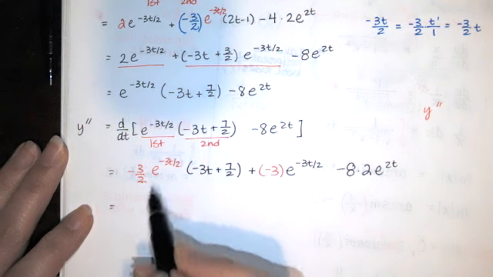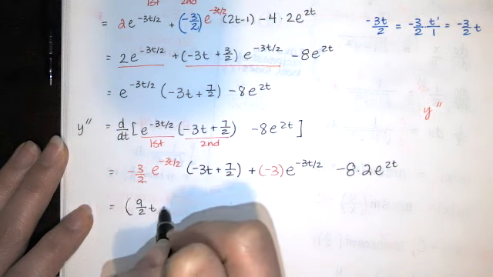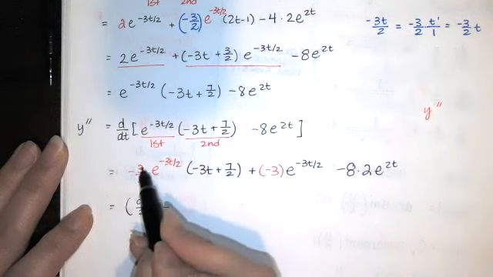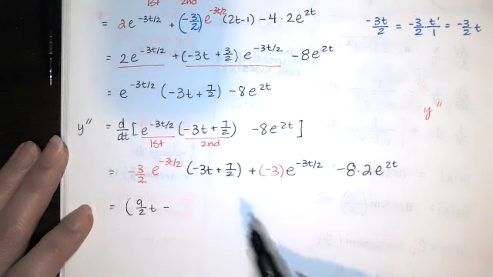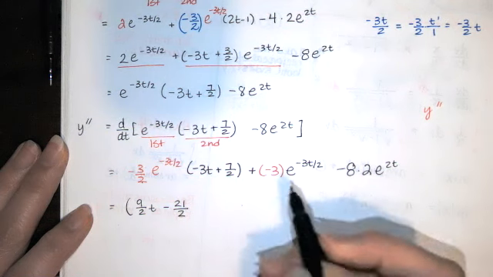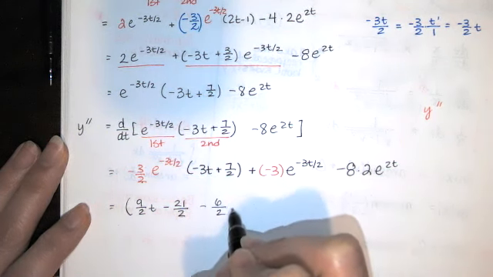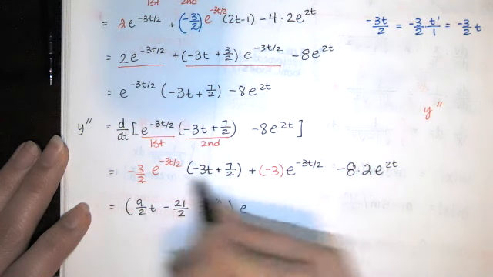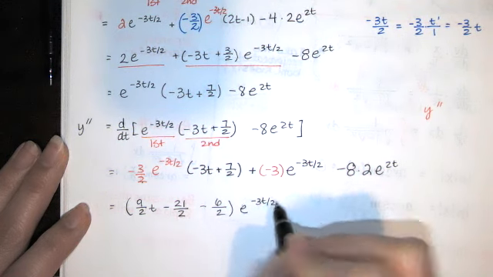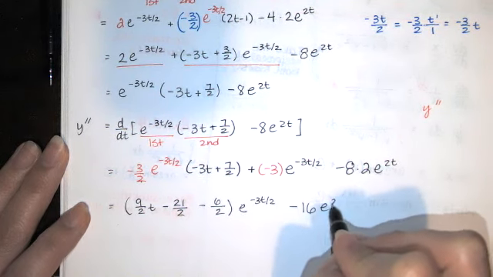So it's going to give me a positive 9/2 times t minus -3/2 times 7/2. Multiply straight across, it's going to be -21/2. And then we're subtracting 3, which is the same as subtracting 6/2. And that's all multiplied by that exponential. I'm just factoring that out from these two terms. And then, of course, 8 times 2 is 16.